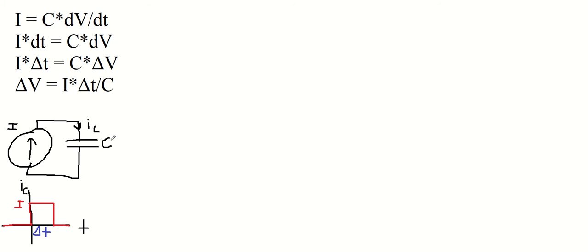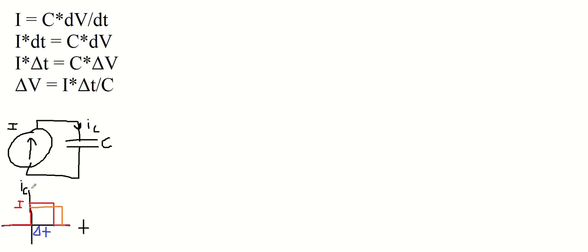And one thing to note is that we really only cared about what the area of this rectangle was. We didn't actually care at the end of the day what the actual current I was or what the duration of time was. So that means that we could have just as easily had our rectangle be something like this, where we left it on for longer, but there was less current being delivered, as long as these two areas are the same.